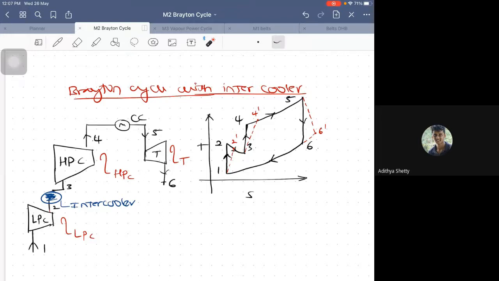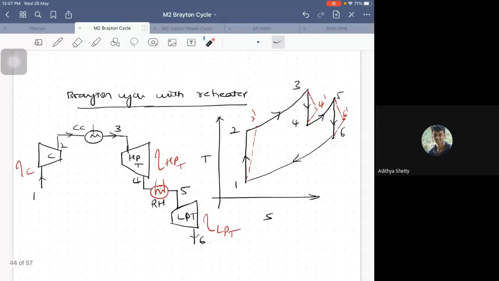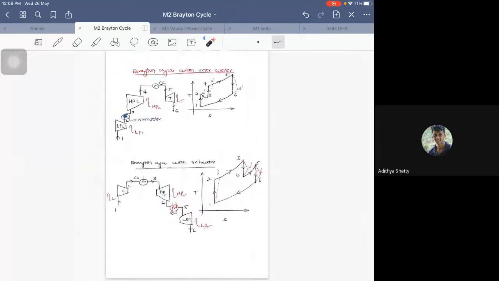If the question says I have a reheater in my Brayton cycle, then you conclude that there are 2 different turbines with a reheater in between. If there are both an intercooler and a reheater, then you conclude that there are 2 compressors and 2 turbines. Understood, everyone? Very good.